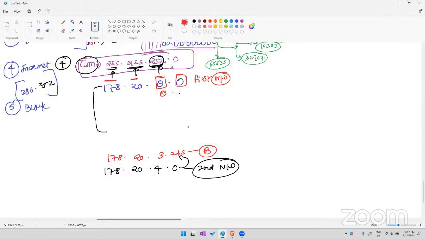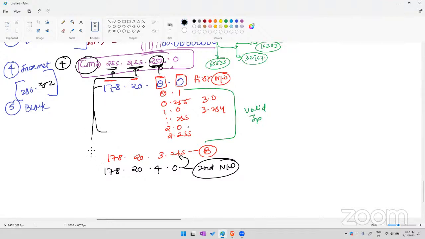And valid IPs are 0.1 to 0.255, 1.0 is also valid, 1.255, then 2.0 to 2.255, then starting at 3.0 up to 3.254. 255 is my broadcast, so this is my 254, yes, a valid IP.